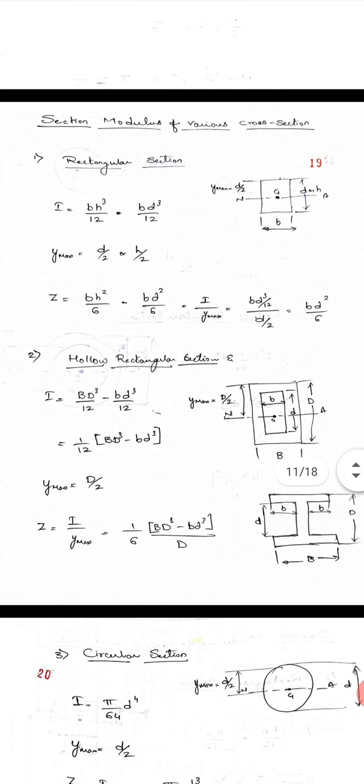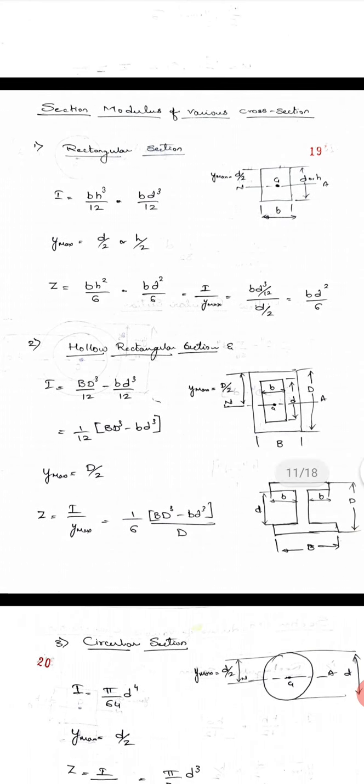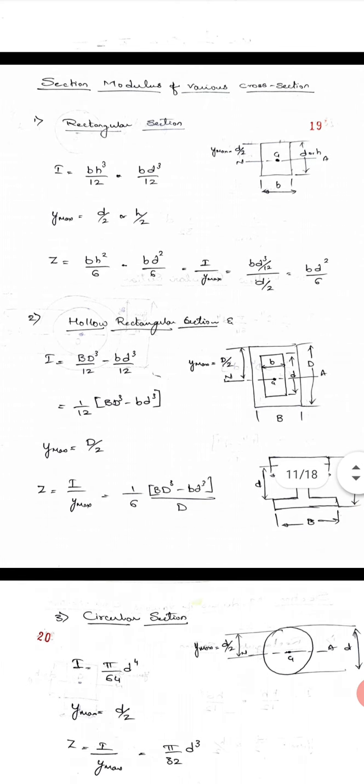So as you can see, the outer depth is capital D, outer breadth is capital B, inner breadth is small b, inner depth is small d, as you can see from the figure. And from the center it is the neutral axis NA. Y max is measured from the neutral axis to extreme fibers, that is y max is always capital D by 2.